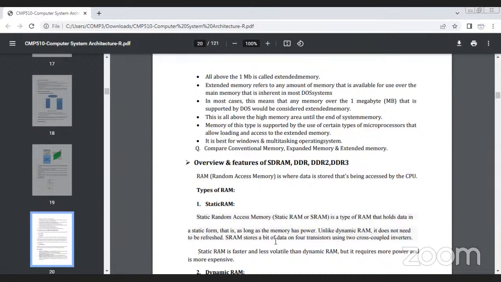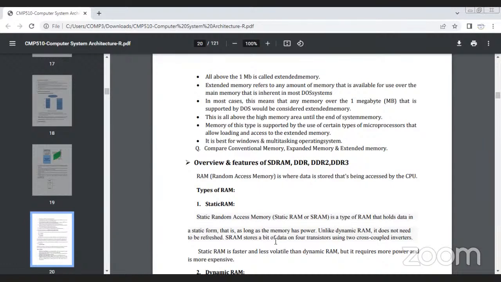Asynchronous DRAM describes the structure of dynamic RAM. The timing of the memory device is controlled asynchronously. A specialized memory control circuit generates the necessary control signals to control the timing.